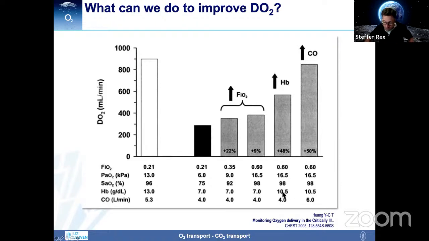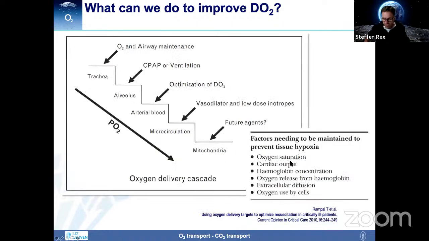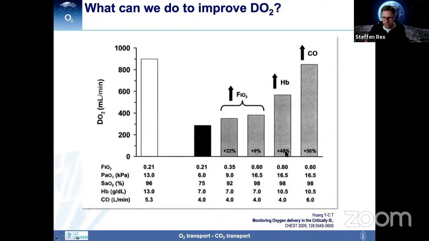And I already told you and showed you that the hemoglobin is a very important determinant of arterial oxygen content. So by doing a blood transfusion, the DO2 was increased by 50%. And then cardiac output was increased by 50%, and you see that the oxygen delivery was also increased by 50%.